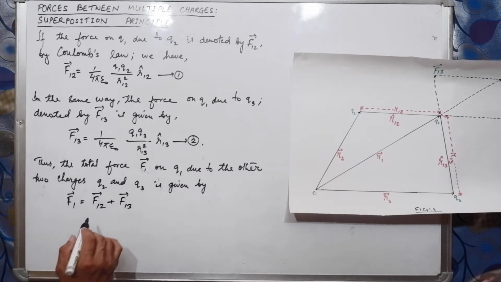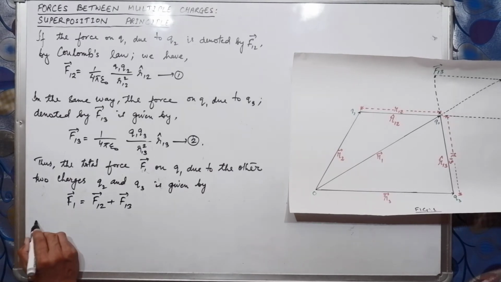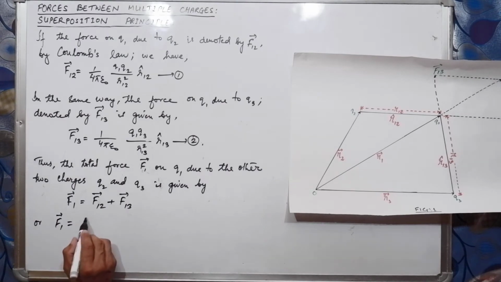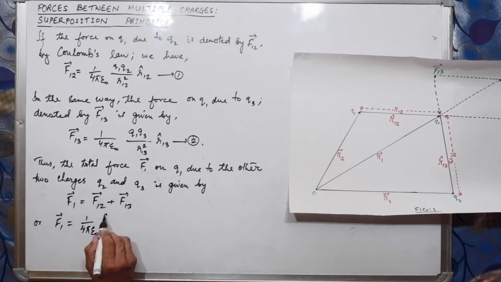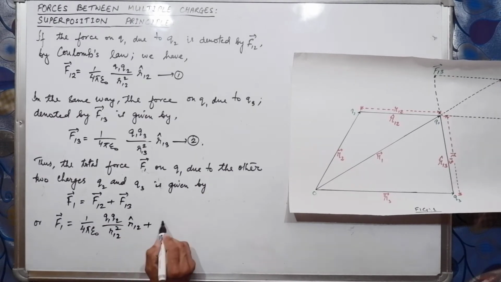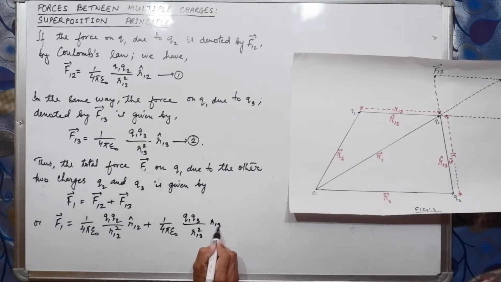If we substitute the values of F12 and F13 here, F1 will be equal to 1 by 4 pi epsilon naught Q1 Q2 by R12 square R12 cap plus 1 by 4 pi epsilon naught Q1 Q3 by R13 square R13 cap. Name this as equation number 3.